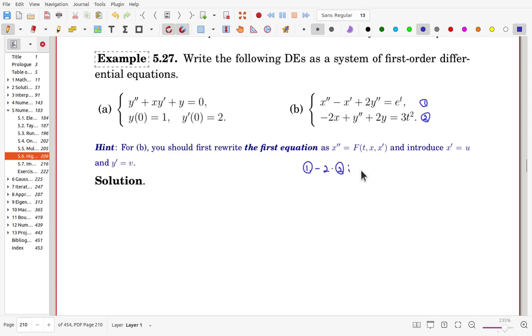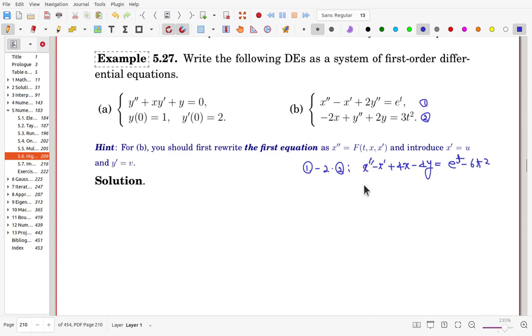On the left hand side we have x double prime minus x prime plus 4x, after multiplication by 2, and that is now minus 4y, and the right side is e to the t minus, okay, not 3, must be 6t squared, and that is one second order equation.